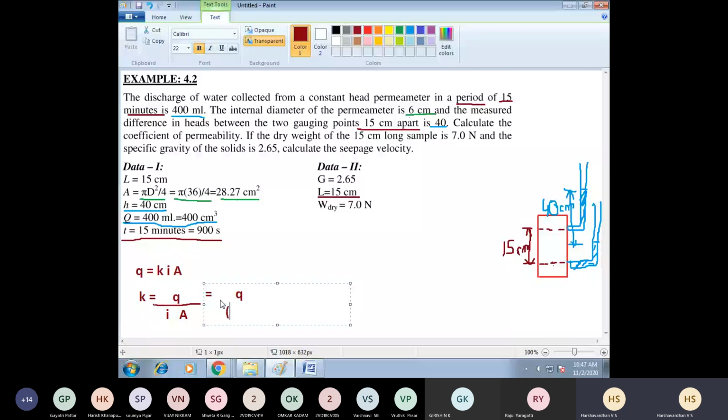I is given by head divided by length. And we have the cross-sectional area of the soil.